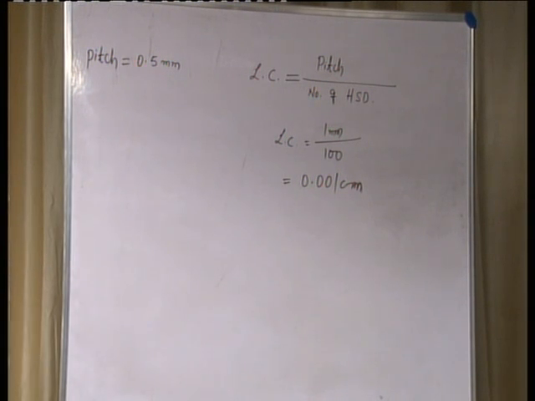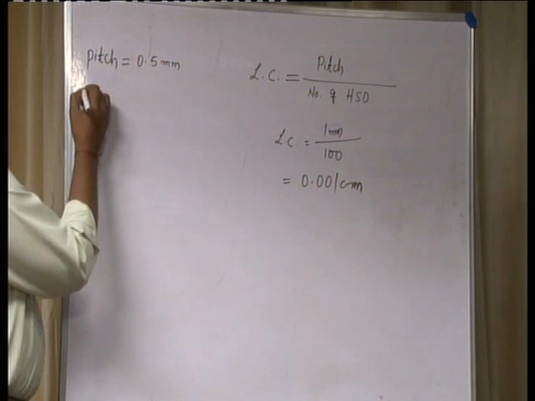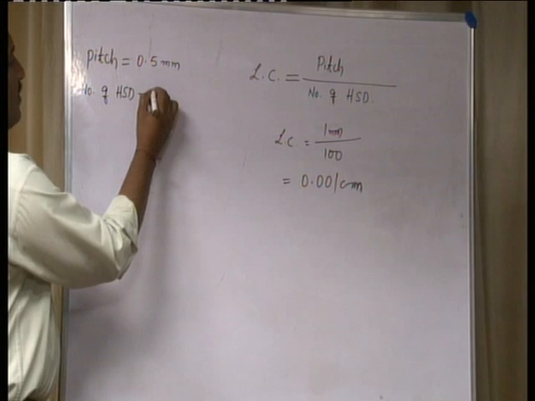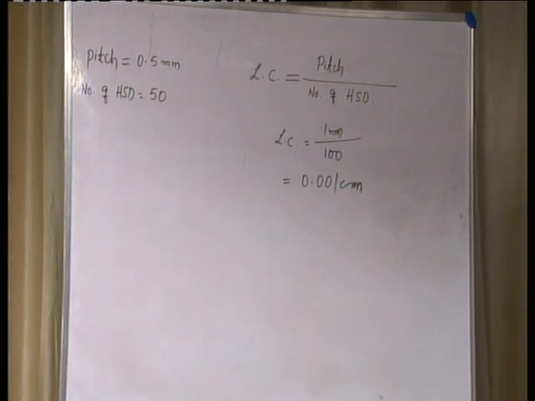And 50 divisions on its sleeve, I mean number of HSD is equal to 50. The reading when the jaws touch is plus 5 divisions, which means when the movable tip of the screw comes in contact with the stud or fixed plug, the fifth division of the head scale coincides with the pitch line.